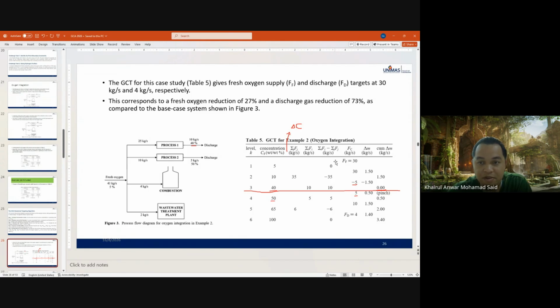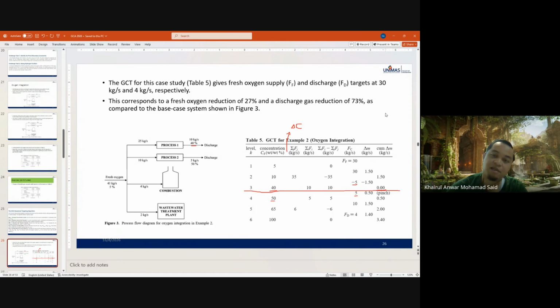When you do this, you should start with zero first, then you find the pinch. So there is one value here, negative 30. That negativity is located at level 3, concentration 40%. That's why there's a pinch here.